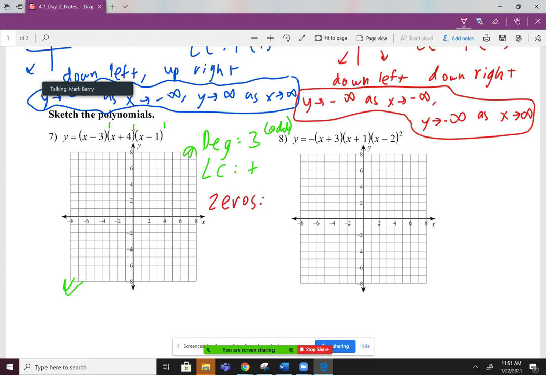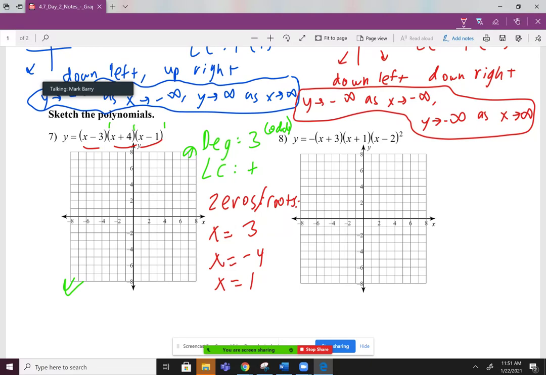But now, we're going to put zeros, okay? So the zeros, or also known as roots, are going to come from each parentheses. And it's always going to be the opposite of whatever is there. So for x minus 3, we're going to put 3.